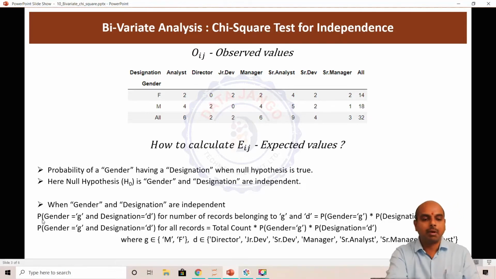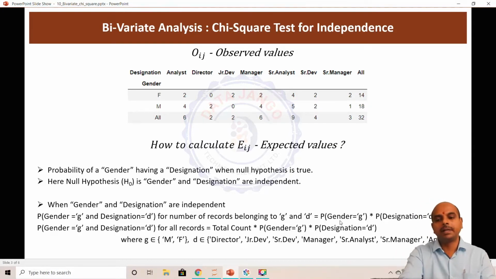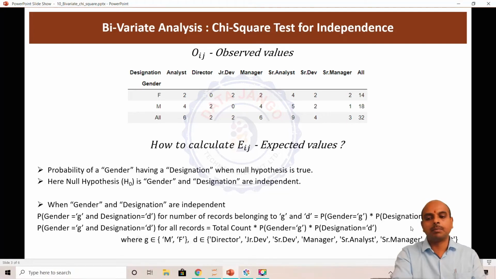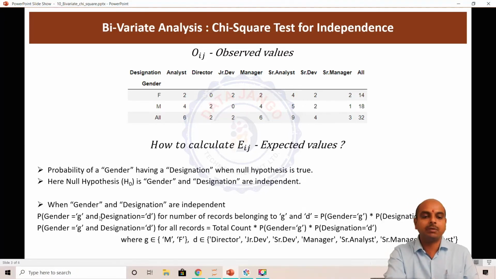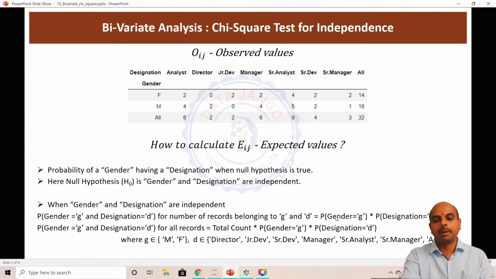Probability of gender equal to G, a general value, and designation D, for number of records belonging to G and D, is equal to probability of gender equal to G times probability of designation equal to D. That means when gender and designation are independent, you can multiply the individual probabilities and calculate the combined probability.